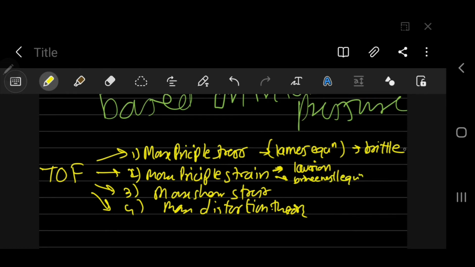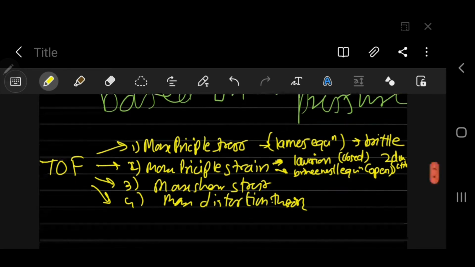Lagrange's equation is found by assuming the ends are closed ends, and Birnie's equation is derived assuming the ends are open ends. Both are used for ductile material only. Now that much is necessary.